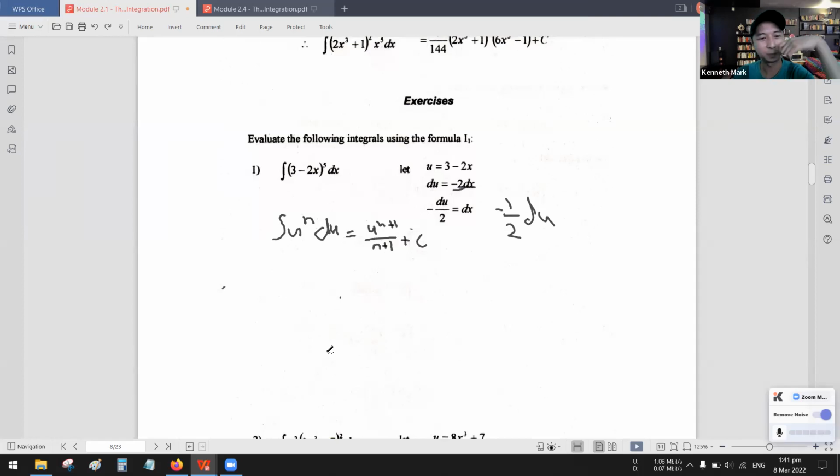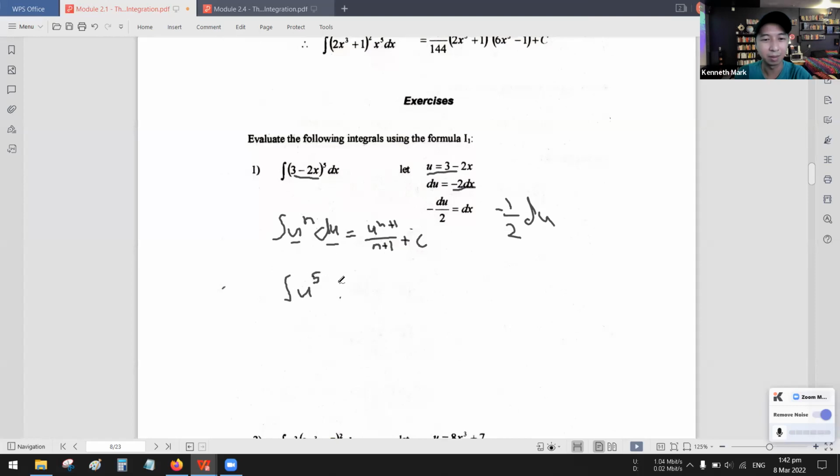So, anong next step dito? So, yung dx natin is negative 1/2 du. Ipapalit lang natin siya dito sa equation natin. So, para magkatugma yung variable natin, we can have integral of u raised to 5.